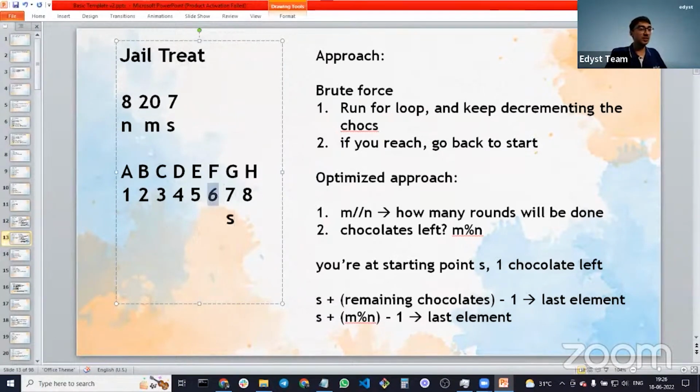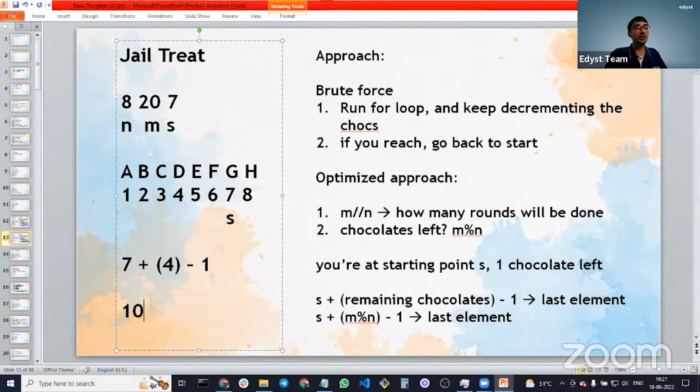Anyway, so the edge case is this. Let's say this is the S, everything else remains the same. So S plus M modulo N, which is 4, minus 1. What does that look like? S is 7 plus 4 minus 1. It is 10. Do we actually have an index 10 in this at all?